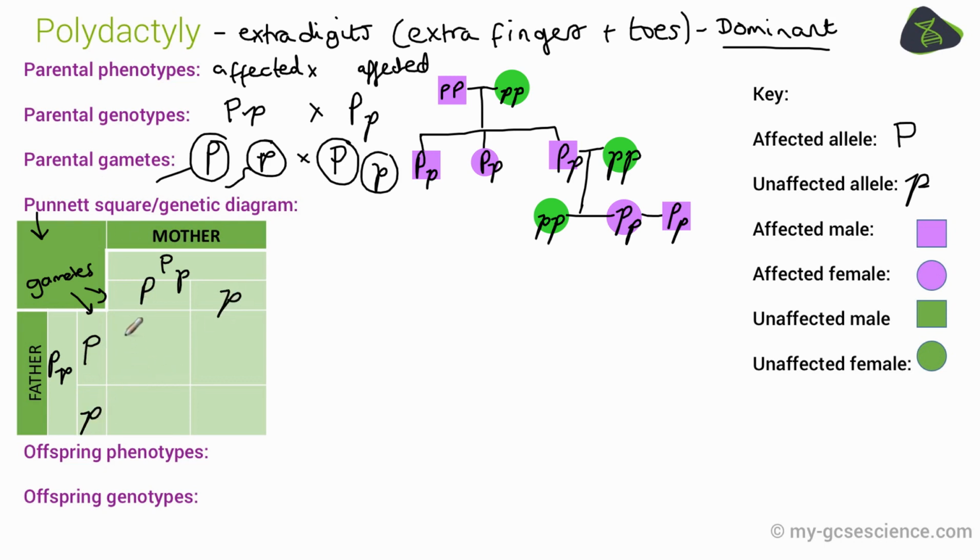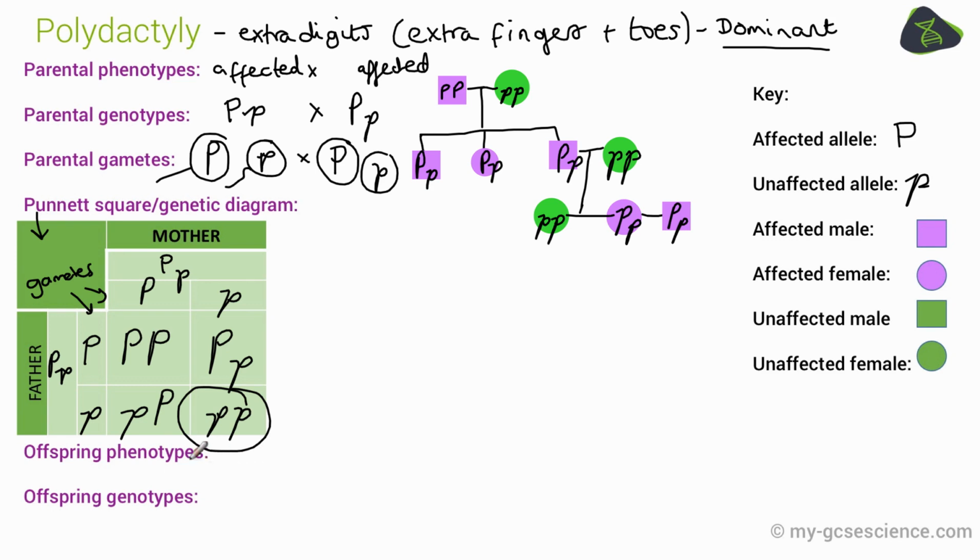And the chances of this sperm and this egg meeting would mean that one offspring will be homozygous dominant. This sperm meeting this egg produces a heterozygous affected individual. This sperm and this egg, the lowercase p, capital P, again it's heterozygous, and then this sperm fertilising this egg, there is a 1 in 4 chance of the individual being unaffected.